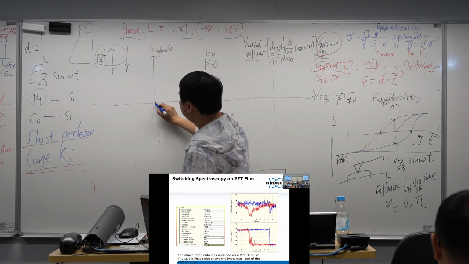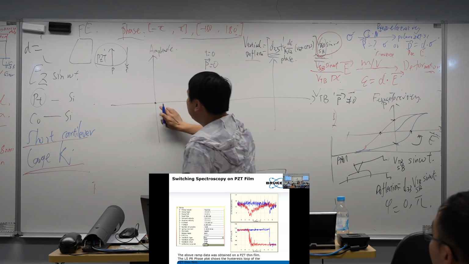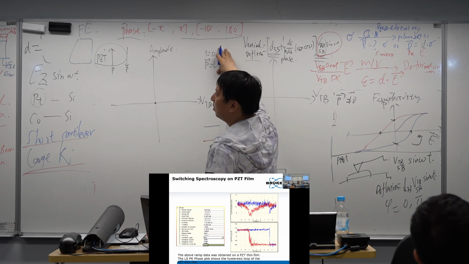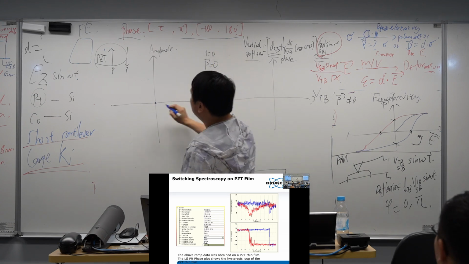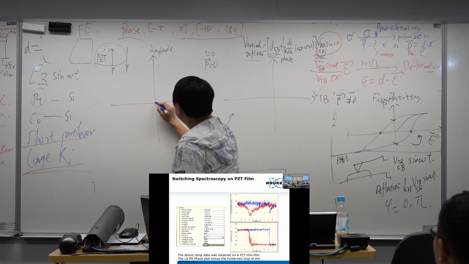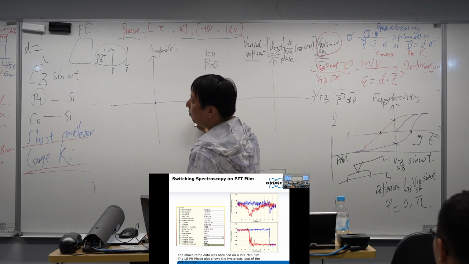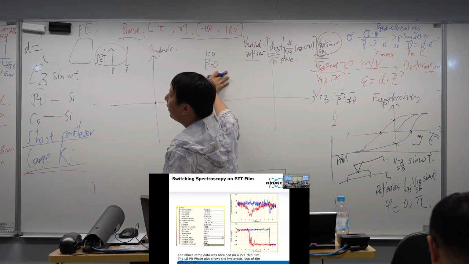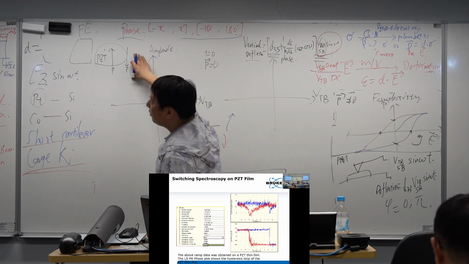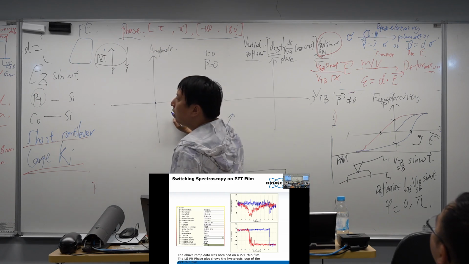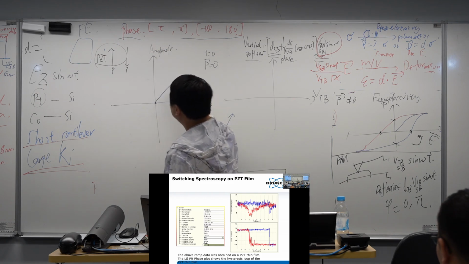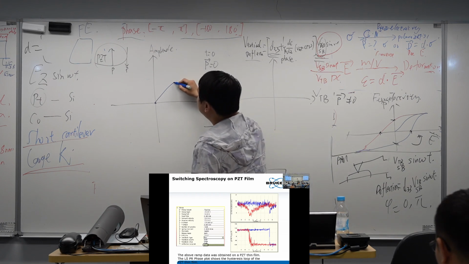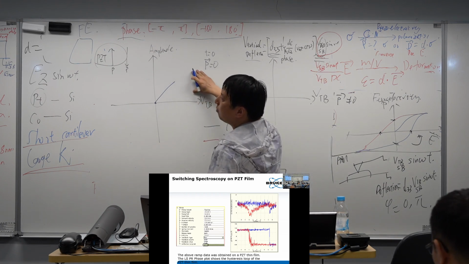I start from 0. At the 0 time point, the polarization is 0. Once I increase the VTB, the polarization changes direction from facing down to facing up, so the amplitude should increase. Once it reaches the maximum, everything is polarized.